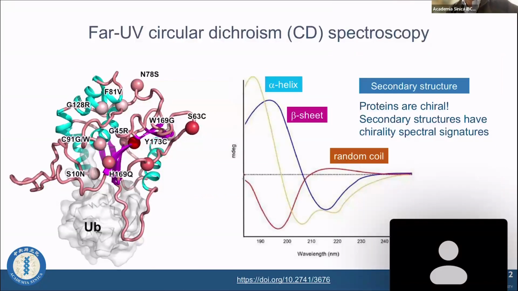The first tool we use is far UV circular dichroism, which basically probes the backbone chirality of protein structures, and that's particularly sensitive to secondary structure, especially helices. For many other non-biosystems, CD is also very useful to define the chirality.